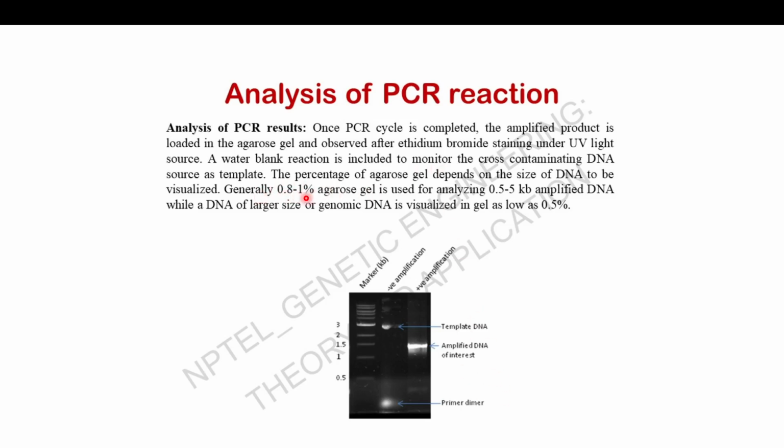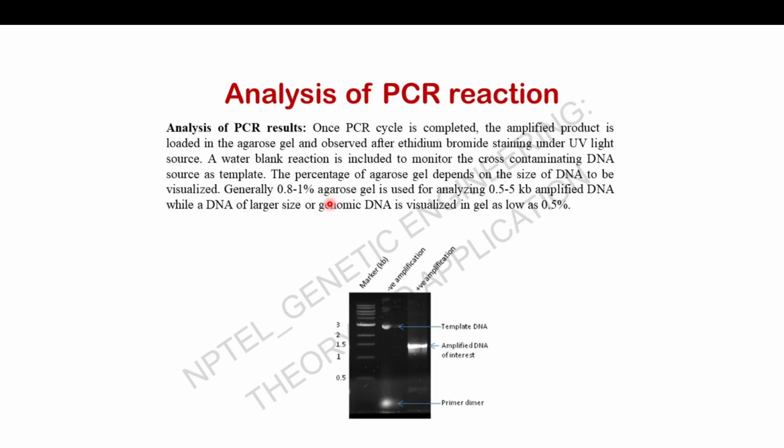Now, generally, a higher percentage of agarose gel means more agarose is there, it's more concentrated. That means the pores are much more regulated and much smaller. Okay, so a higher percentage of agarose gel is used for resolving really small DNA fragments because they can be resolved very nicely through the smaller pores.